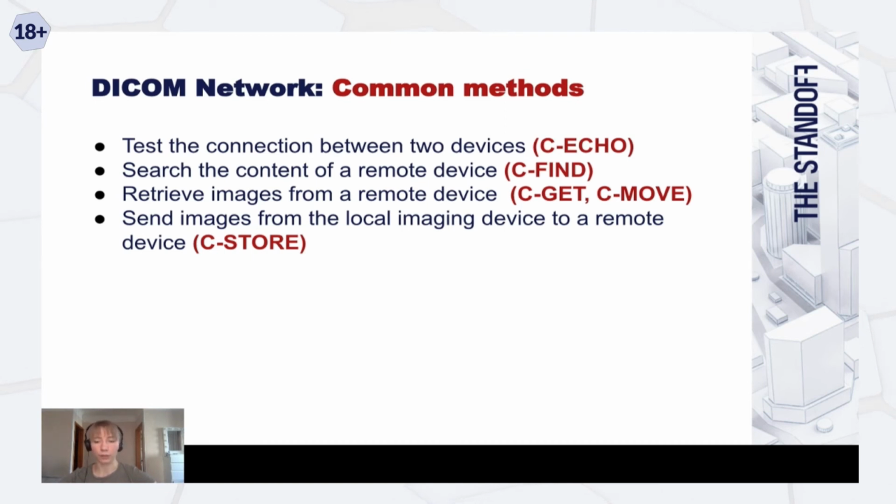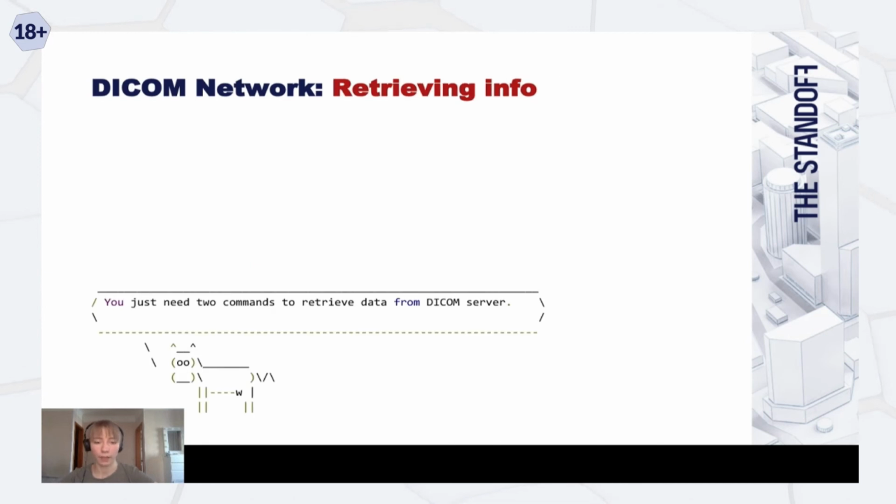The find command is used to find the selection from the accessible studies from the remote server, and the move command is to store these files on the remote server.